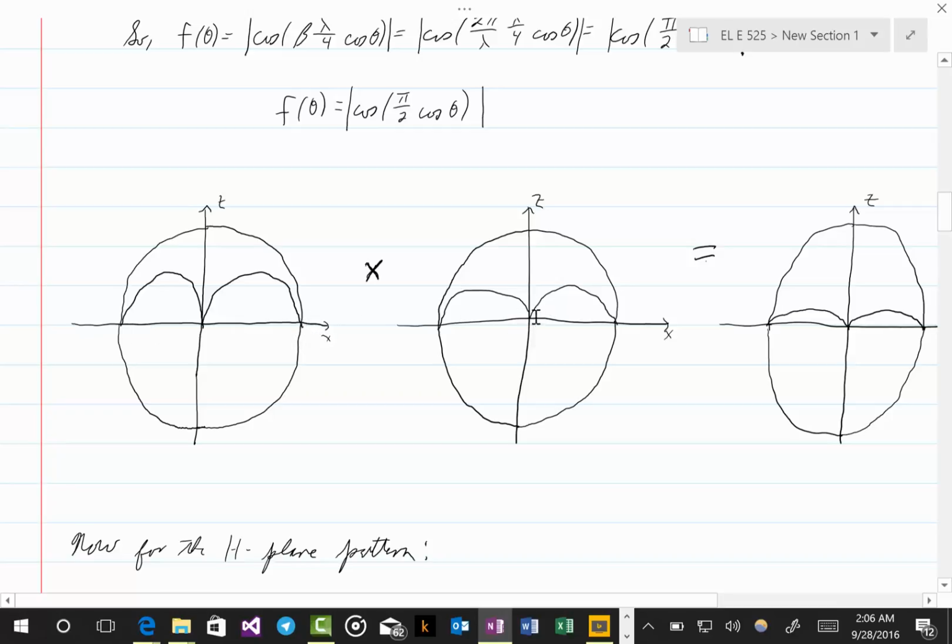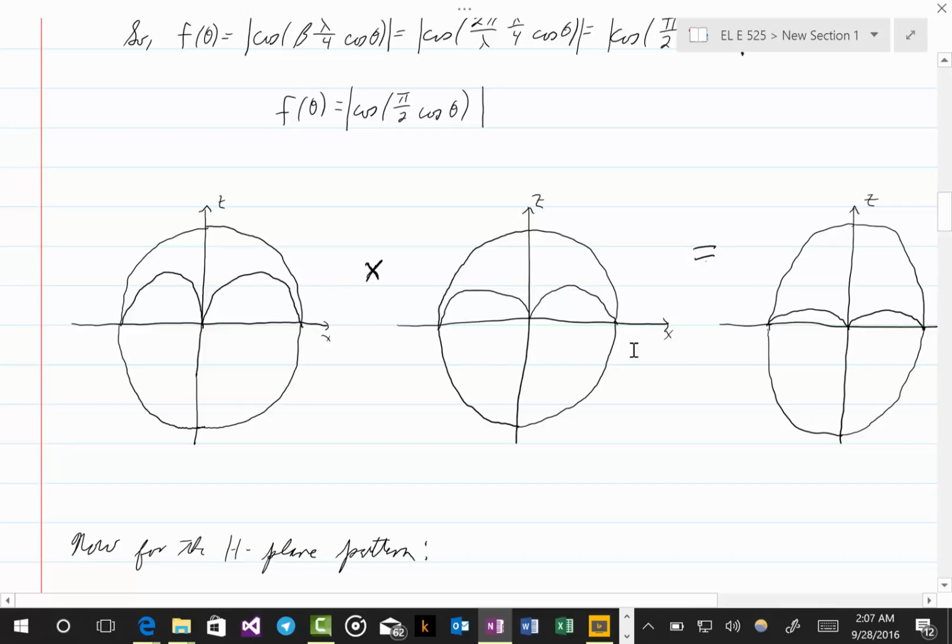So since that's the case, if we come to some angle here and we get a number less than 1, and come to that same angle over here and get a number less than 1, then when we multiply a number less than 1 times a number less than 1, we'll get an even smaller number. And so the net effect is that for all angles in between 0 and pi over 2, we're going to get smaller numbers in this total graph than we do in either one of these graphs.